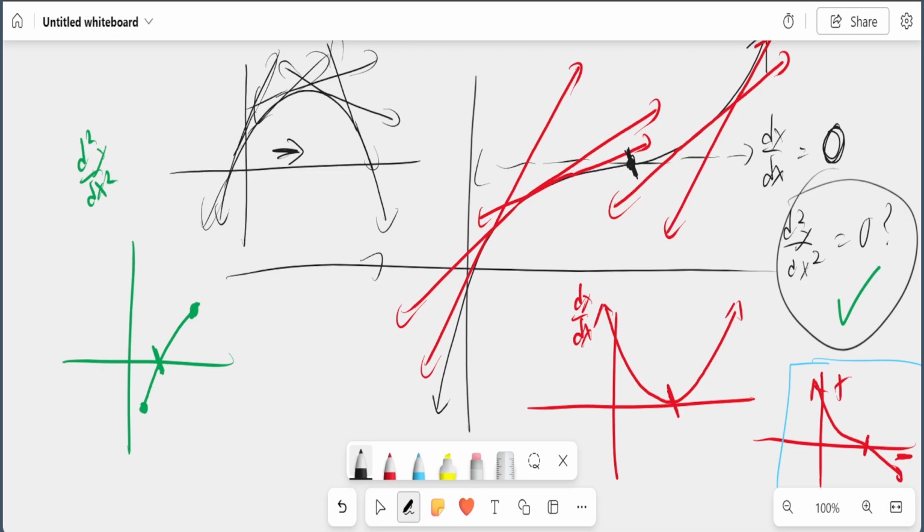It means that our double derivative, d squared y over dx squared, is negative, right? Our slope started at some value, and it just keeps going down. So the change in our slopes is negative. It's going down, the slopes. Does that make sense? Yeah.